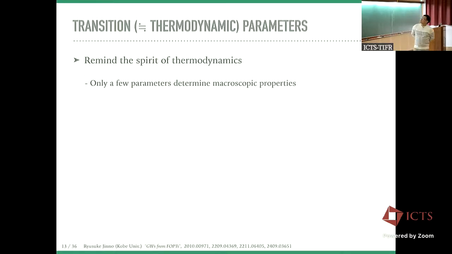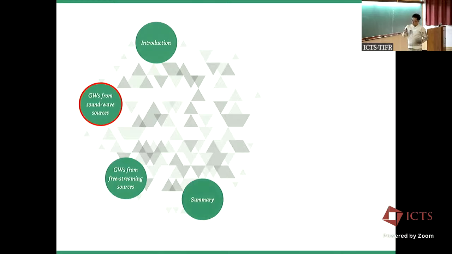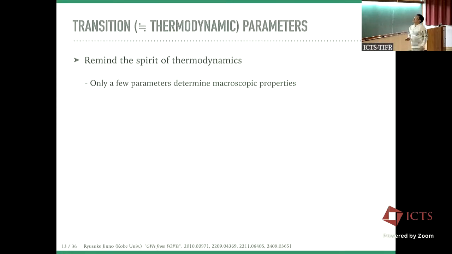Now, let me explain 2 different sources of gravitational waves in first order phase transitions. First, I will explain gravitational waves from sound waves. In order to explain this, please remember the spirit of thermodynamics. That is, only a few parameters determine the macroscopic outcome of the system.